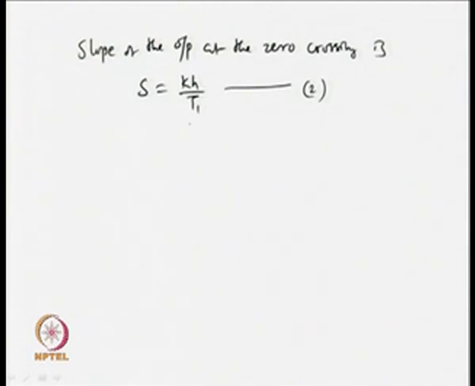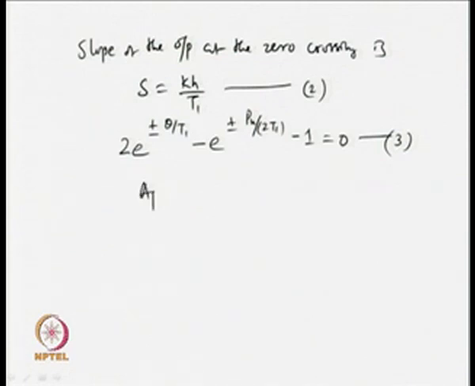S is equal to Kh upon T1, then 2 e to the power plus minus theta upon T1 minus e to the power plus minus pi upon 2 T1 minus 1 is equal to 0, which is given the equation number 3, and the peak amplitude given as minus plus Kh e to the power minus plus theta upon T1 minus 1 is given as equation number 4.